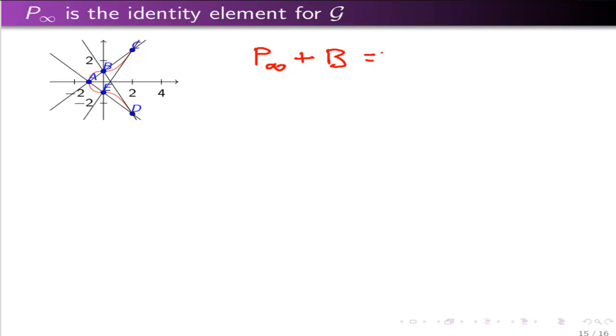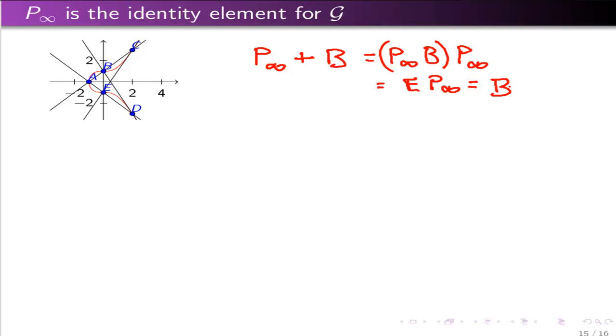P infinity plus B. By definition, P infinity B is the reflection of B through the x-axis. So that would be E. Aha! E P infinity means the reflection of E through the x-axis, and that's back to B.